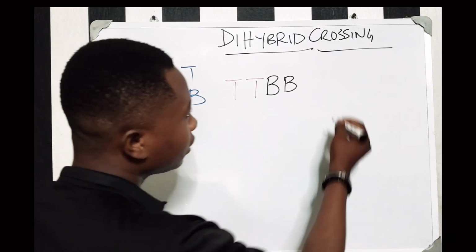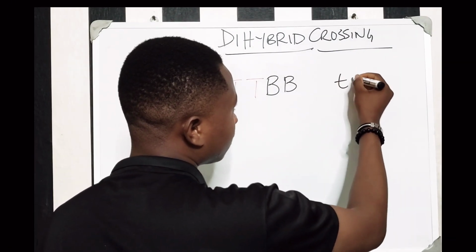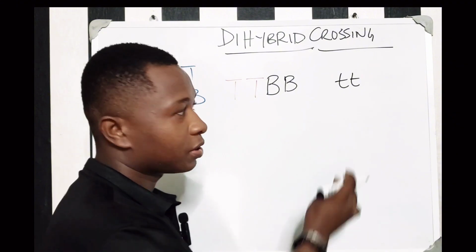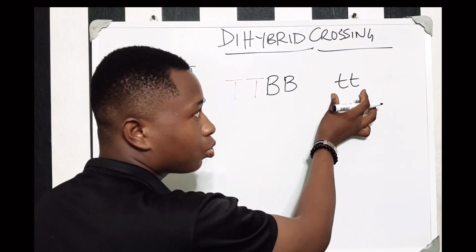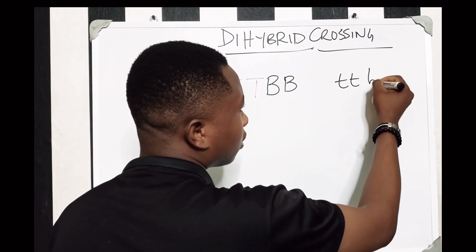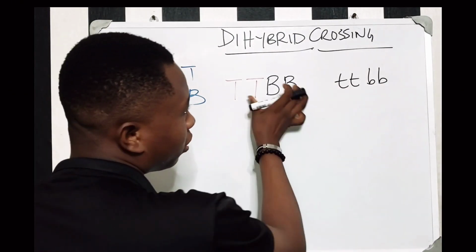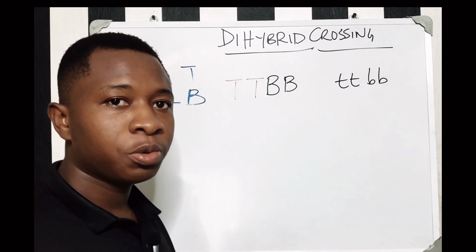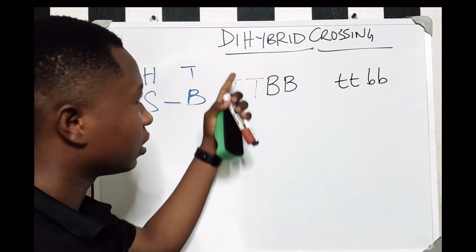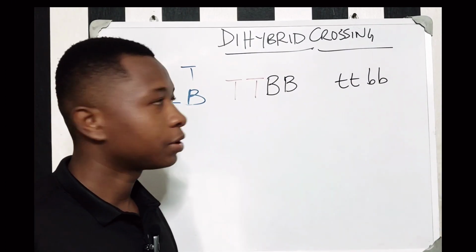So the woman should be T and T. That's a short woman and a small woman. So these are the two characteristics we are going to be crossing, and we are going to be doing them simultaneously because it is dihybrid inheritance.